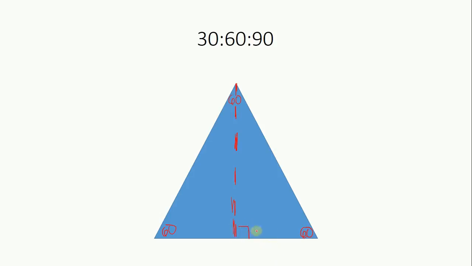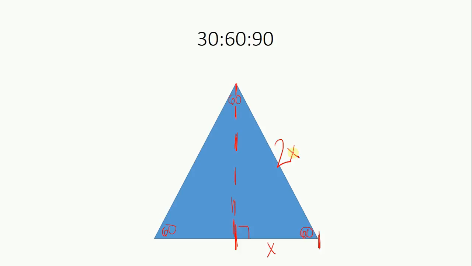Let's say I have a short side of x. So this is half of the way, this is x, which tells me the full side is 2x, right? Because if it's an x here, it's got to be an x here. If this side's 2x, this side also has to be 2x, because we said this was an equilateral triangle.